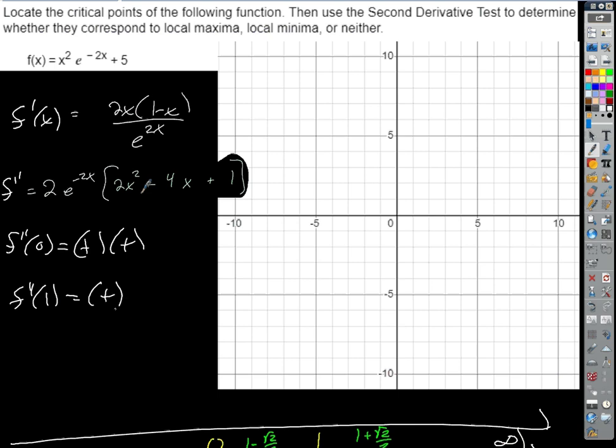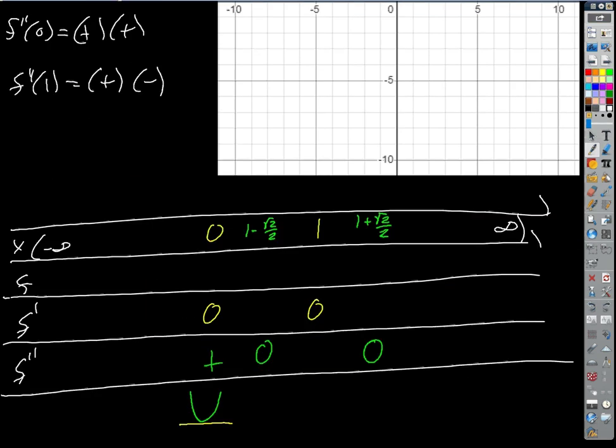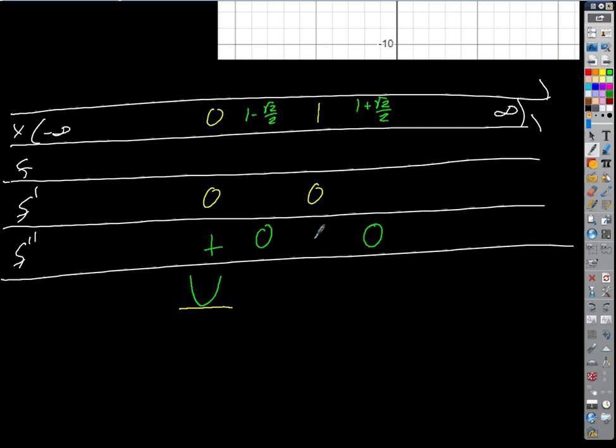Now this one, we have to do a little calculation, so I'm going to get 2 minus 4 plus 1, which is negative. Okay, so then we know this is a sad function. And we know something about this guy. That's the inflection point, right?